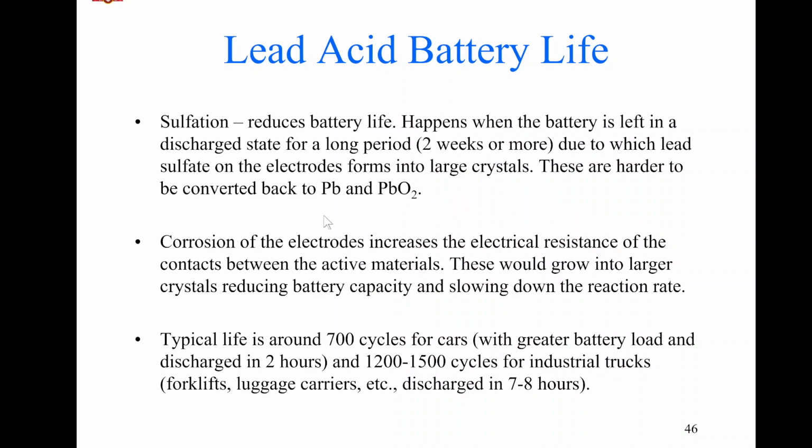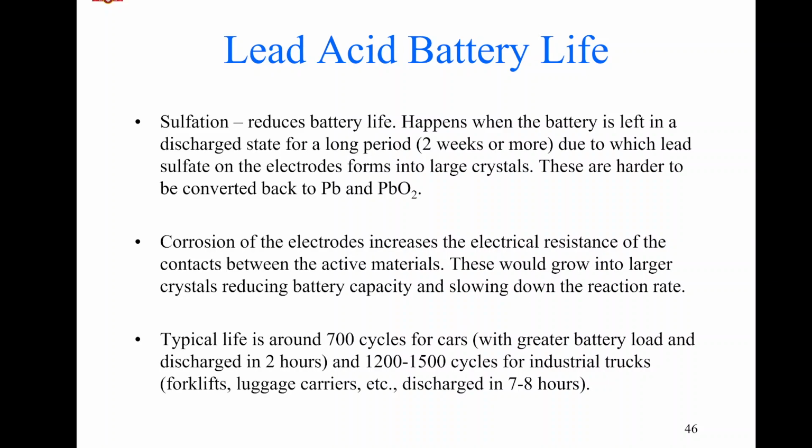Moreover, certain reactions would also cause corrosion on the electrode, again reducing the sites at which these reactions would occur. All these things not only reduce the sites for reaction, they also increase the resistance for the ions inside the electrolyte to actually reach the electrodes.